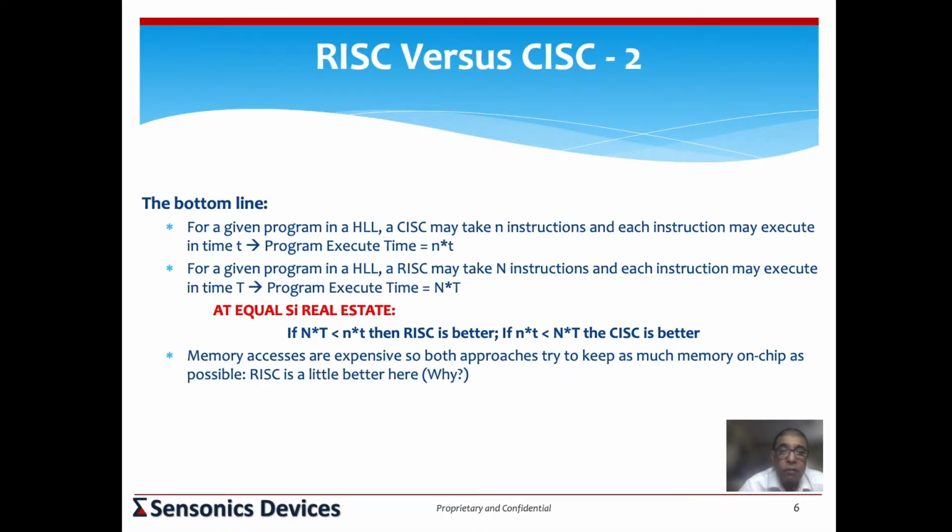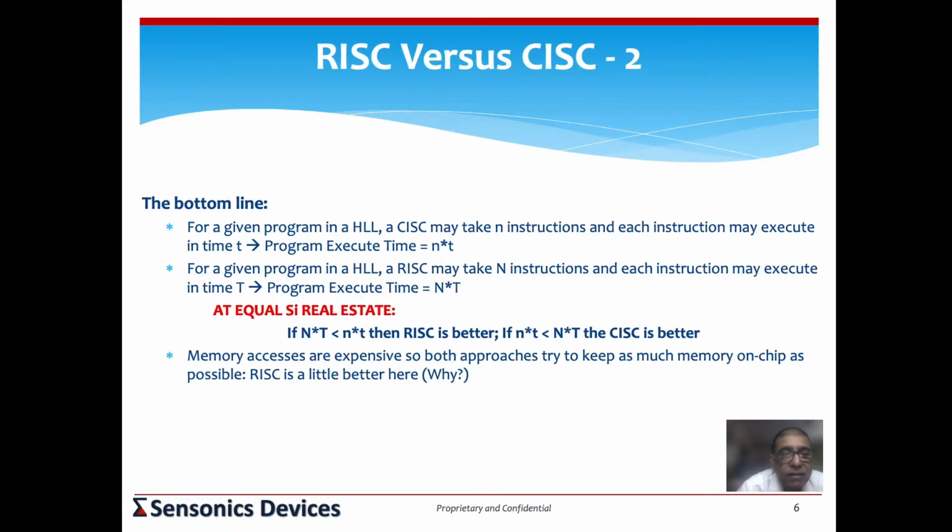So your silicon real estate usage is significantly less than a corresponding CISC under a minimal configuration. Now, you have to compare the two at equal silicon real estate. So now that you've got all this extra silicon real estate available when you attempt a RISC ISA, what are you going to do with the extra real estate to compare with the minimal configuration of a CISC in order to be able to compare whether you are better or the CISC is better?